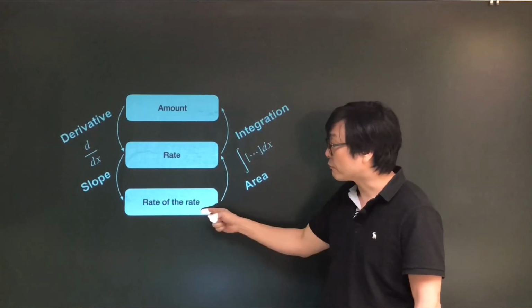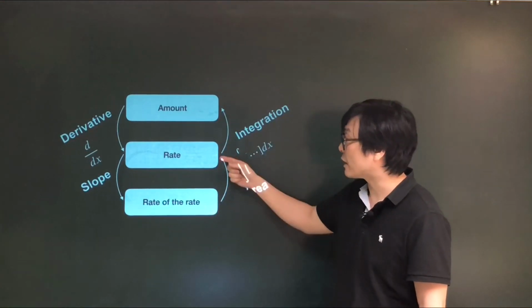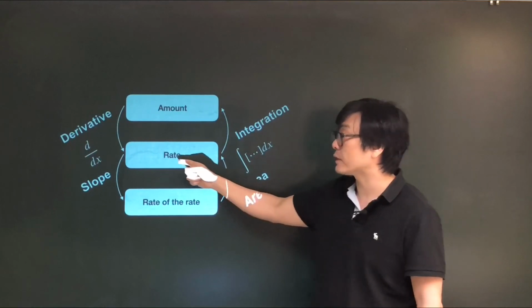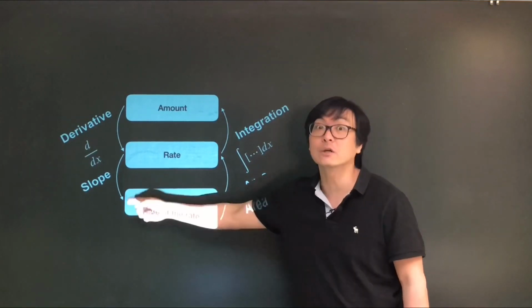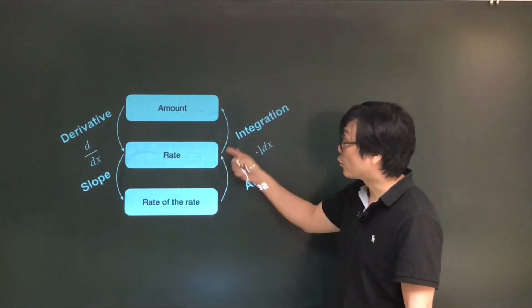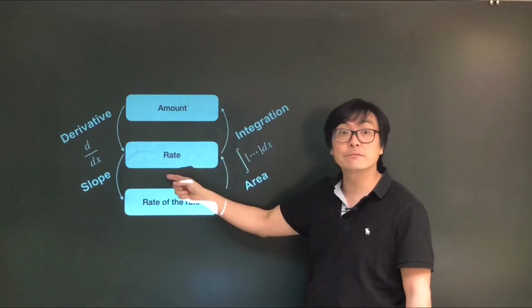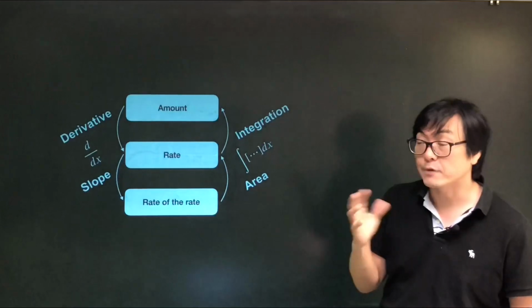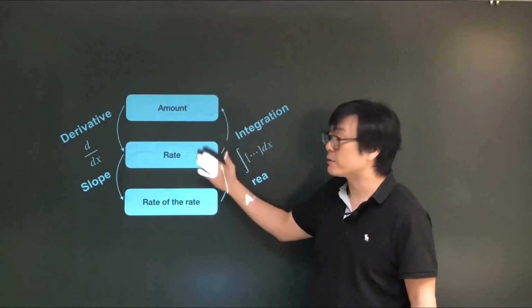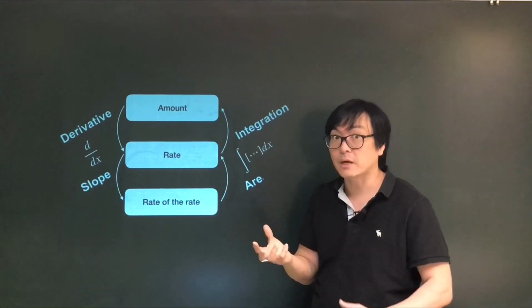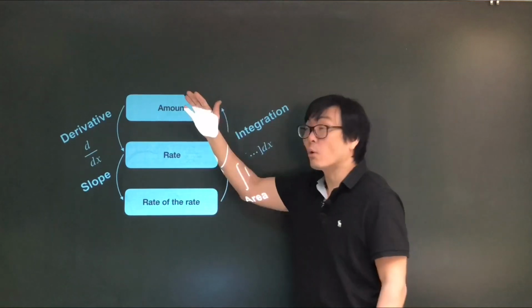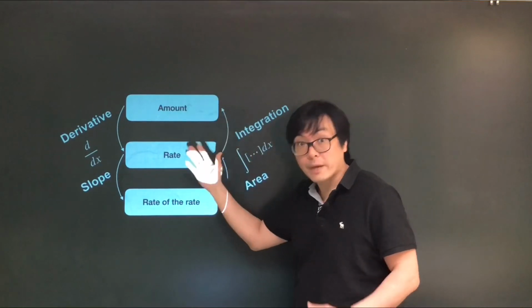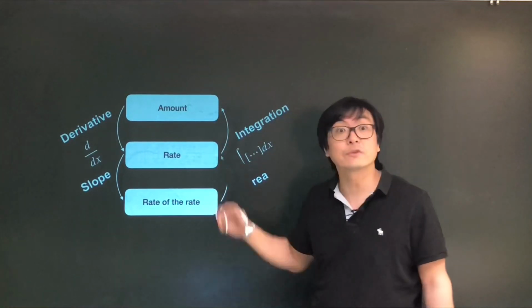From the rate of the rate, if you take the antiderivative or area, you can find the rate, which is the amount of this rate. And if you go up, that will be the amount. So if we have a word problem, you have to verify and figure out if the given function is about the amount, or the rate, or the rate of the rate.